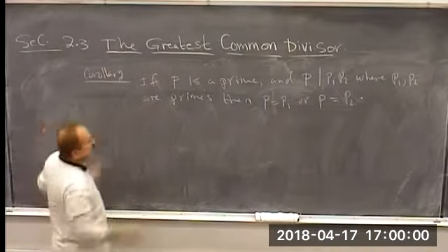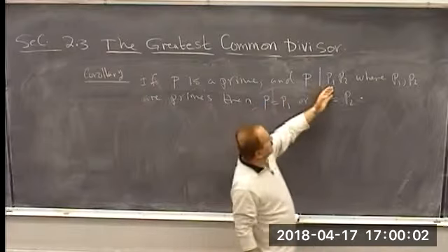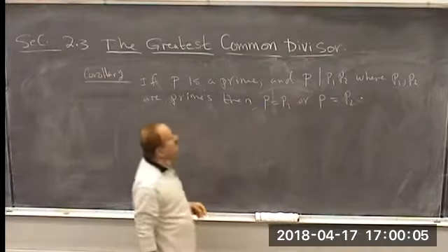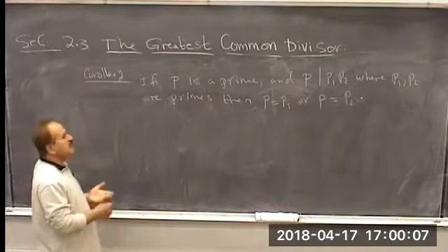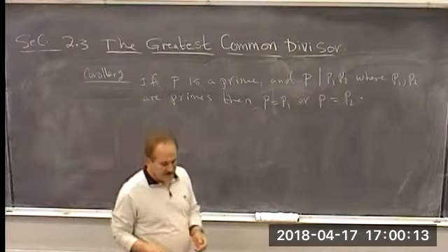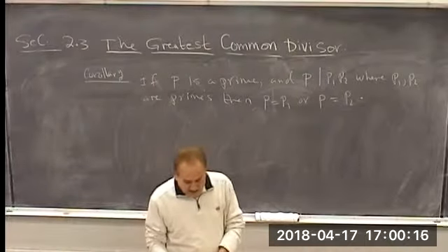The proof is very straightforward because P must divide one of them, and the only divisors of these primes are themselves or 1. So I'm just going to leave this for you.